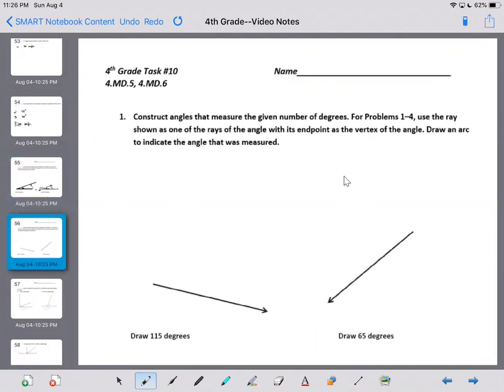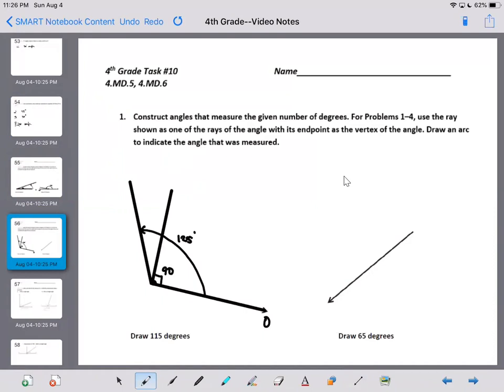With 115 degrees, I would do the same thing. I'd let this be the middle of my protractor, and then I know that that should be 90, and 115 degrees, well, 10, so another 25 degrees here. So what you're doing is you're just creating, if this is 0, you're creating that 125 degrees, knowing that that's 90.